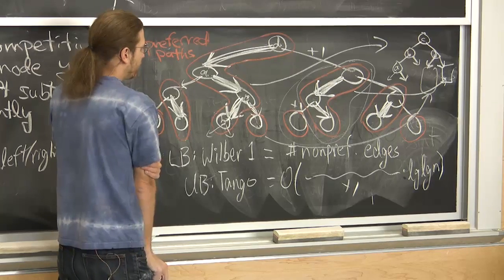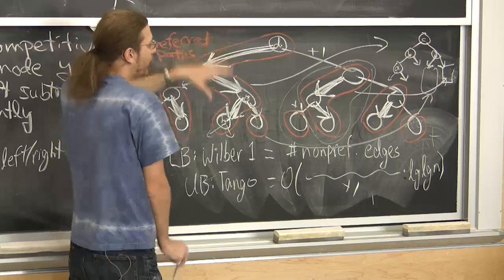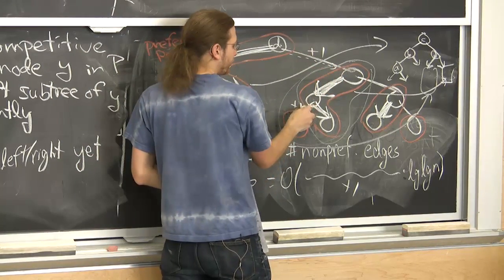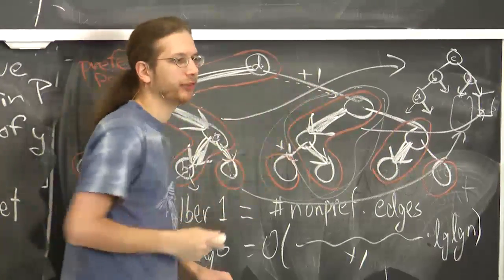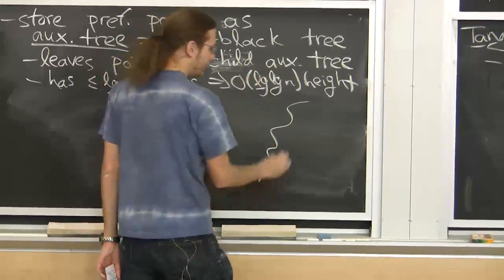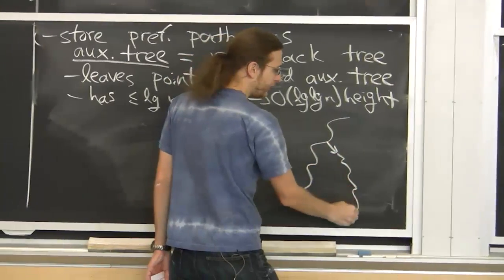But now I have to update. Now this is the preferred edge from the root, and this is the preferred edge from this node. How do I update preferred edges? That's something to think about. So I've got a path represented by a red-black tree, and now I fall off here, and there's another path here.